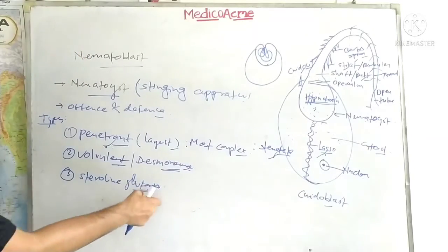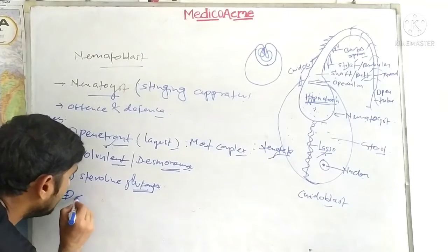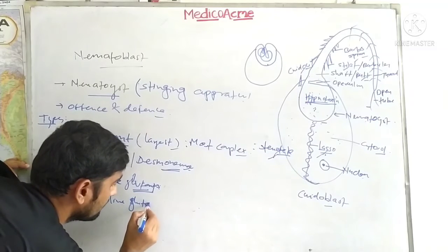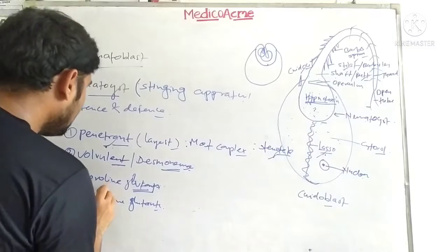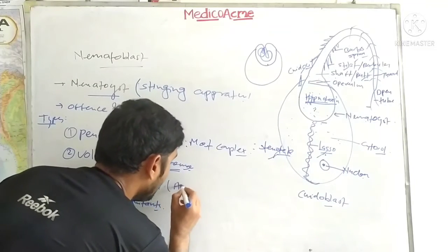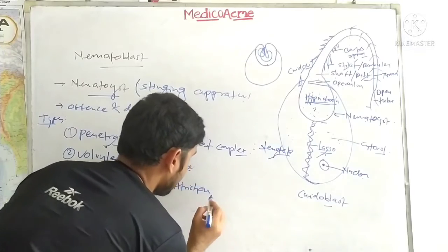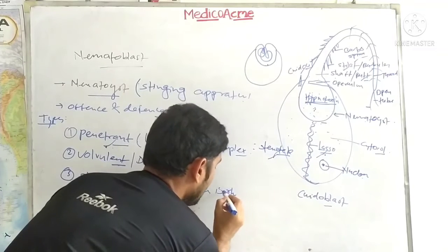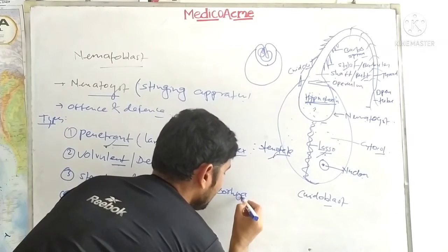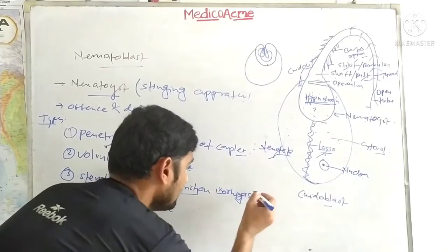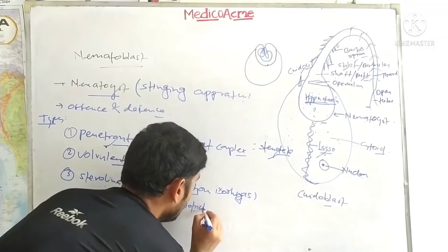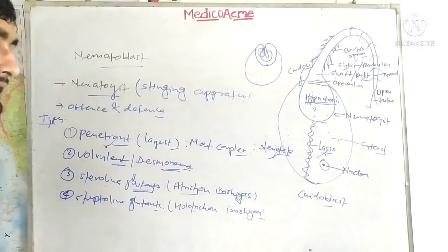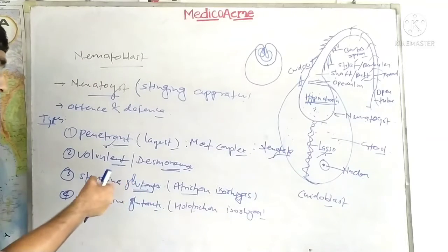So stereoline glutinants, and the fourth one will be the streptoline glutinants. Stereoline glutinants are sometimes also called atrichous isorhizas, and these are called holotrichous isorhizas. Rhizas means root-like structure which is found in the glutinants.